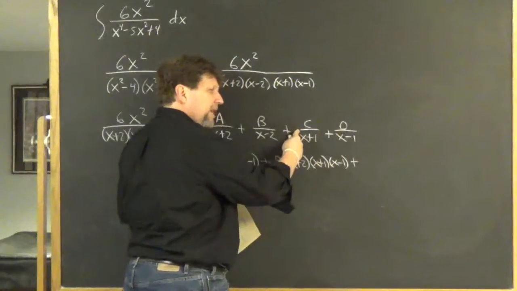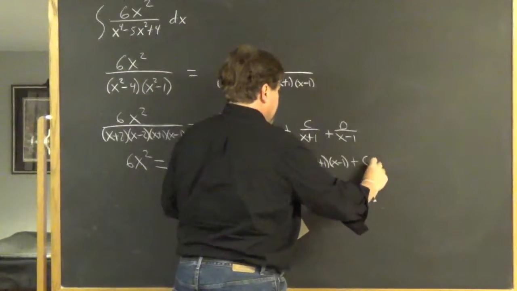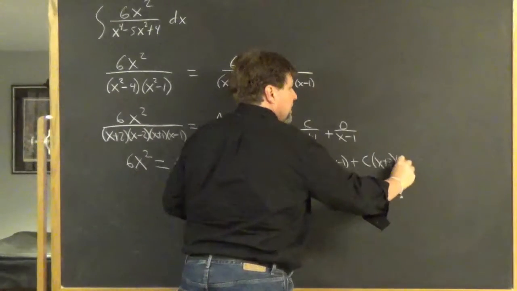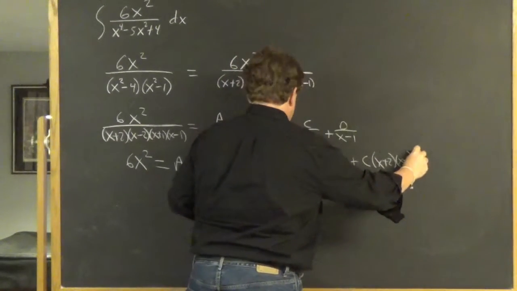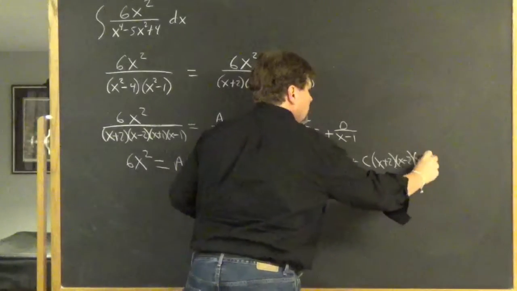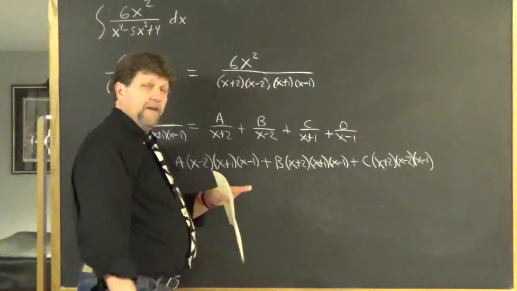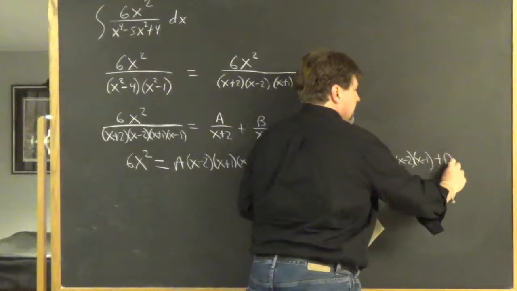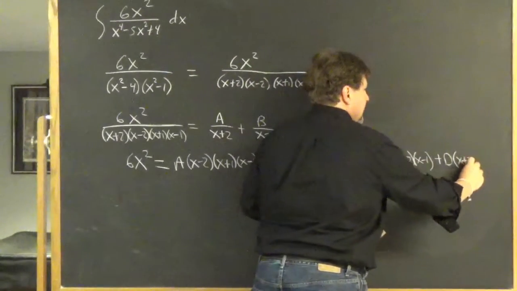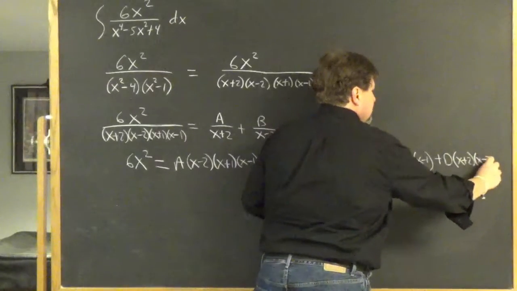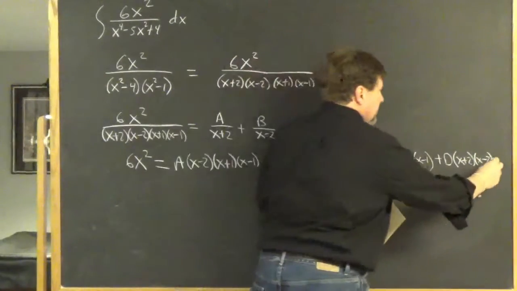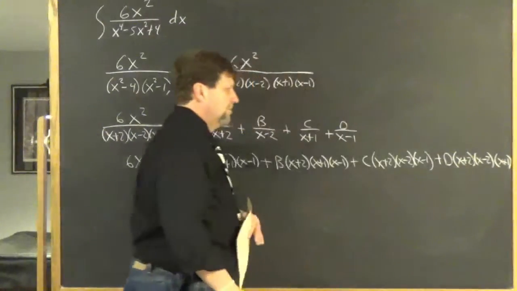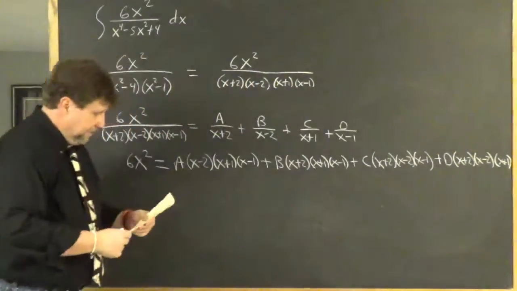When the next term gets multiplied by the LCD, I'm left with C times x plus 2 times x minus 2 times x minus 1. And for the last term, we get D times x plus 2 times x minus 2 times x plus 1. Just enough room to fit it on the board.